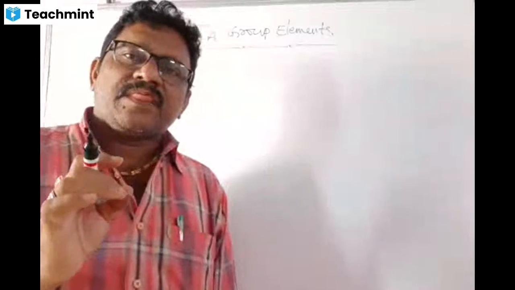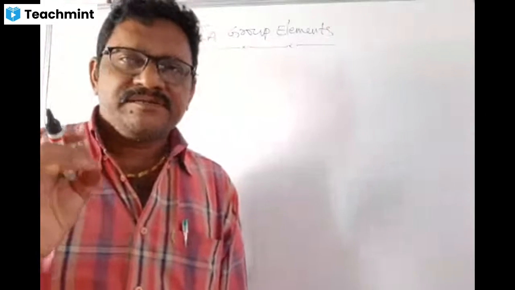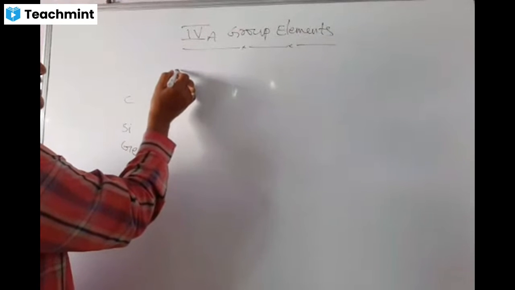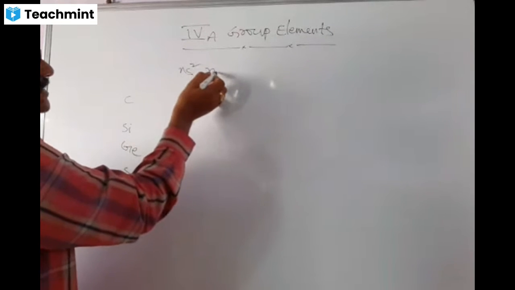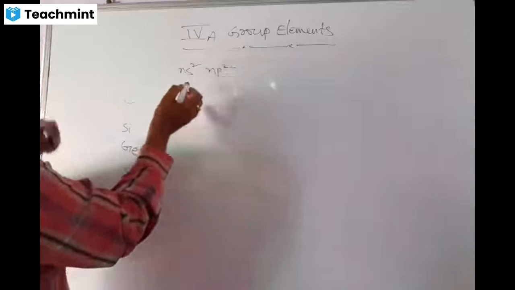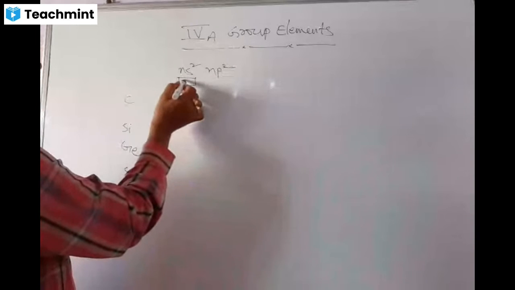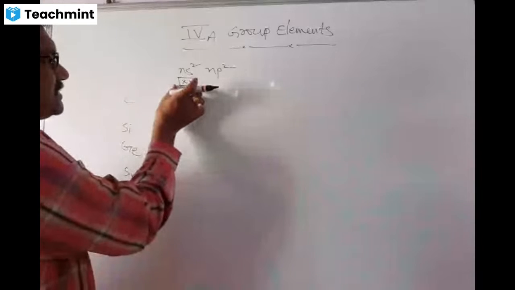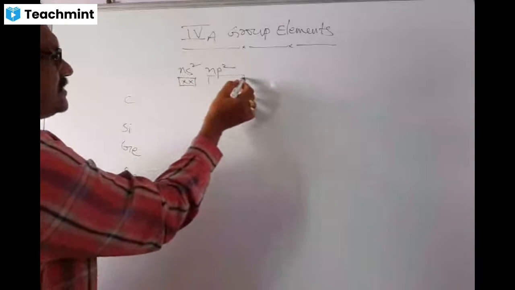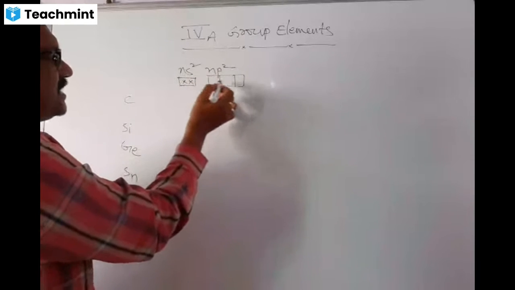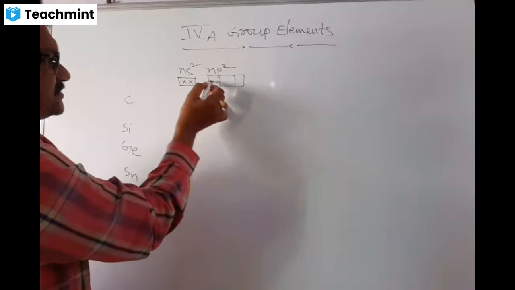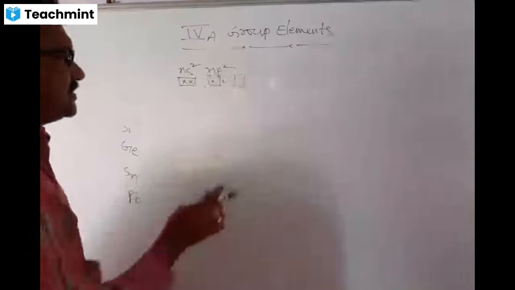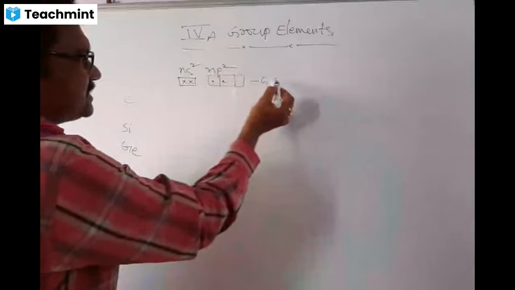The outer configuration of these elements is ns2 np2. That means in the s orbital, two electrons are present. In the p subshell, there are three orbitals, px, py, and an empty pz orbital. Actually, this is the ground state configuration.